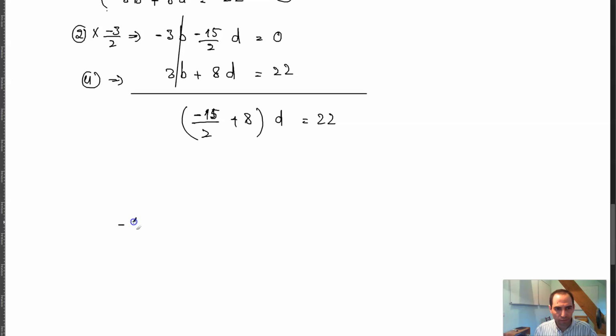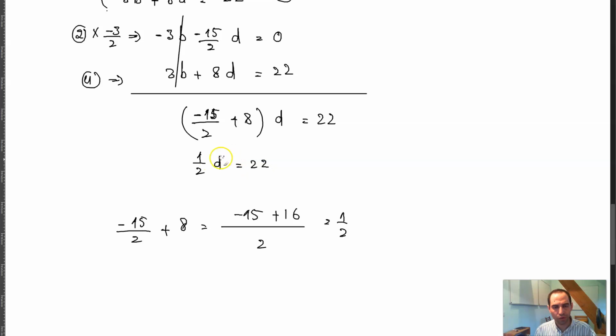So now negative 15 halves plus 8 is equal to negative 15 plus 16 over 2. So that's 1 half. So 1/2 d is equal to 22, which means that multiplying by 2, d is equal to 44.